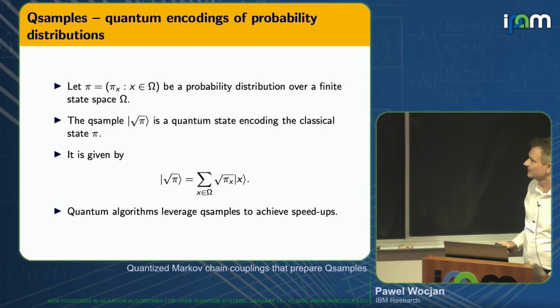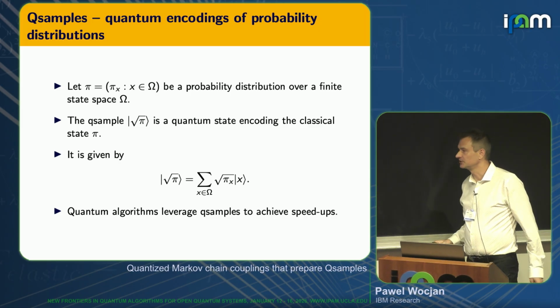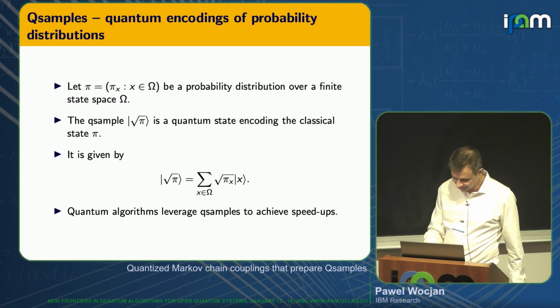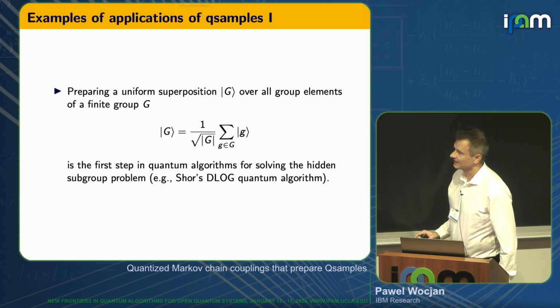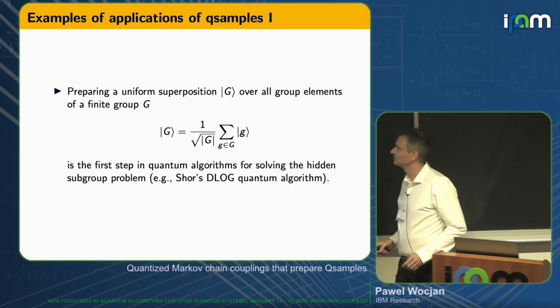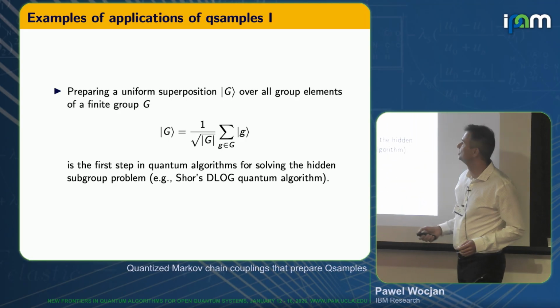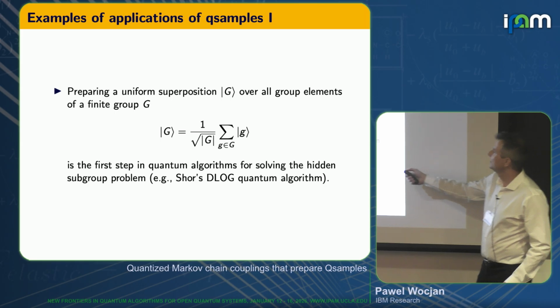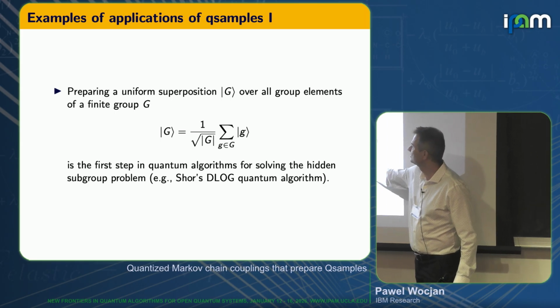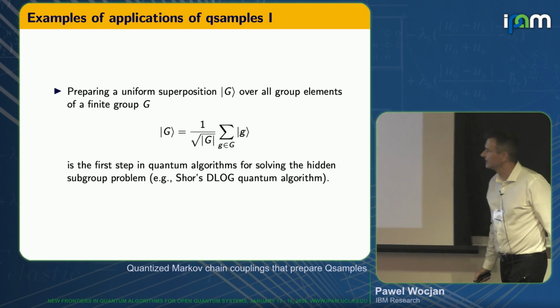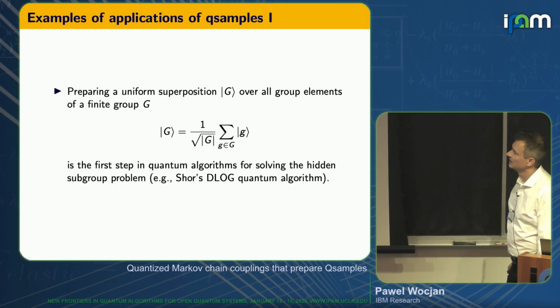And so quantum algorithms leverage Qsamples to achieve speedups. Let me give you some simple examples. For example, if you have a finite group G, and you create a uniform superposition over all group elements of this finite group.